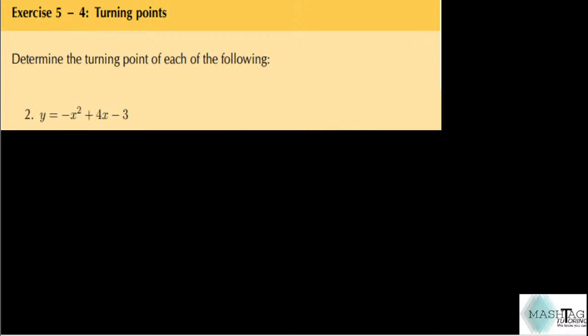Okay, so what you want to do here, you have to be very careful, because you have a minus sign right before the x squared, right? Remember, that equation is something like a times x minus p squared plus q.